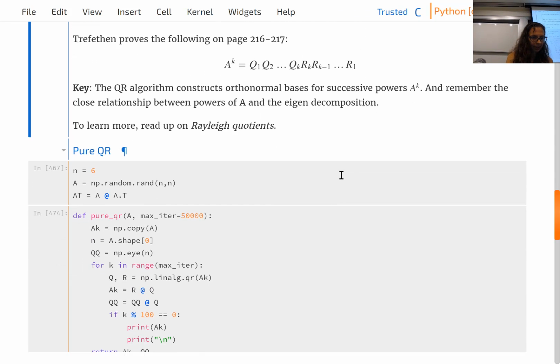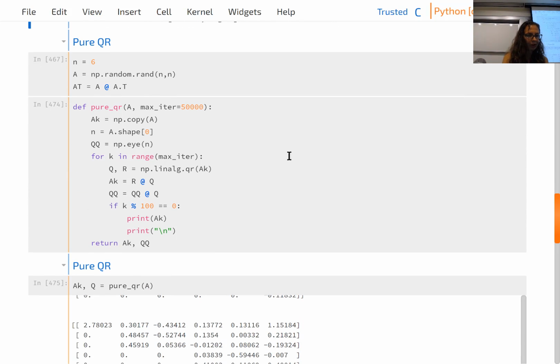And so let's see what this looks like in code. This is the pure QR algorithm. I'm making a copy of A, but you often would do this in place. When you do something in place, you're writing over your original matrix, which saves memory, although if you wanted to use your original matrix again later, that would be a problem.